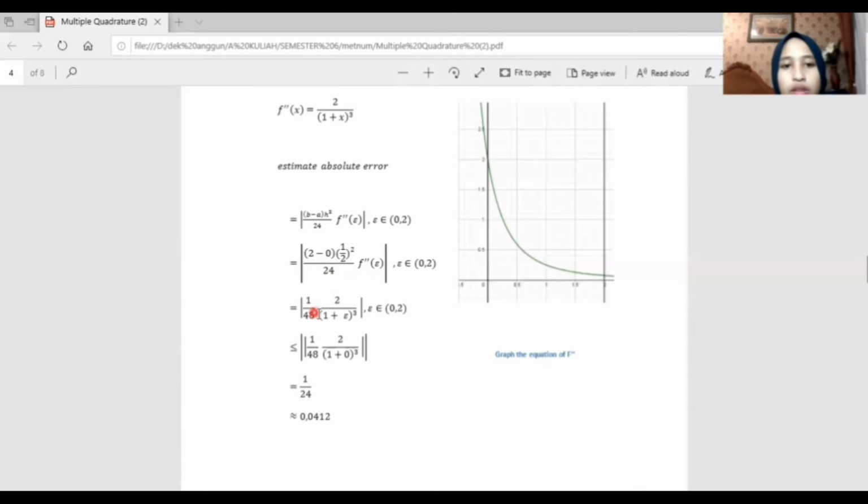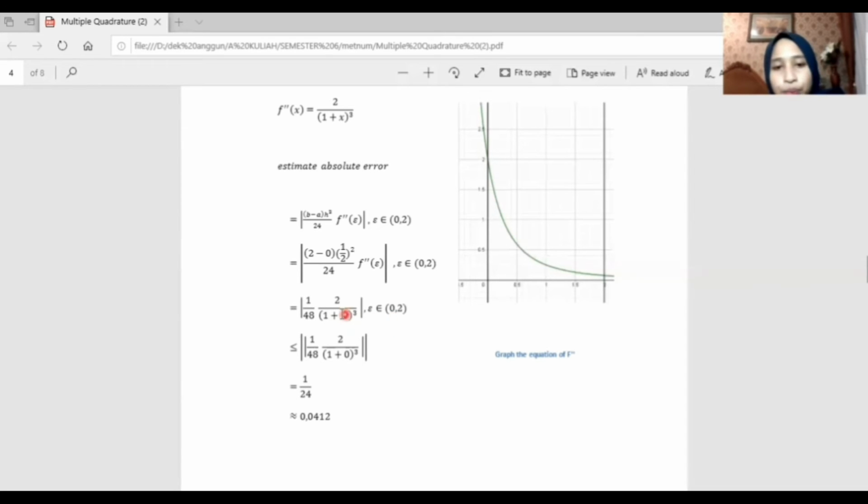So we get 1 over 48 times 2 over 1 plus epsilon, I'm sorry, it should be, oh yeah, right, 1 plus epsilon to the power 3, with epsilon an element of the interval 0 to 2.